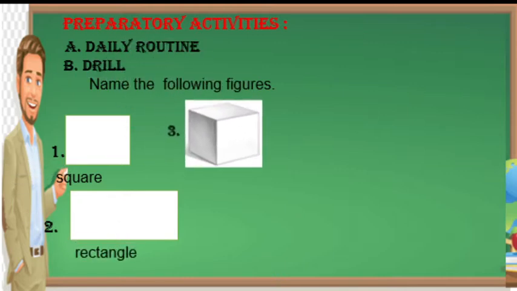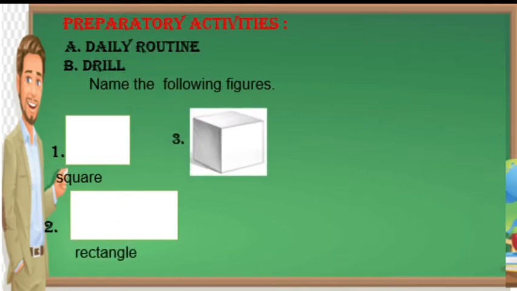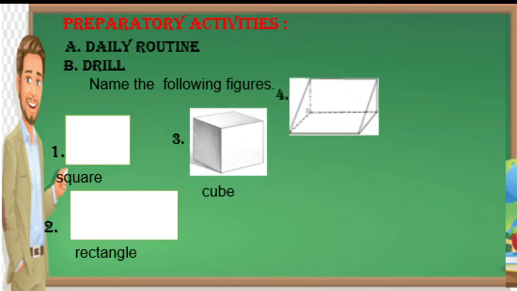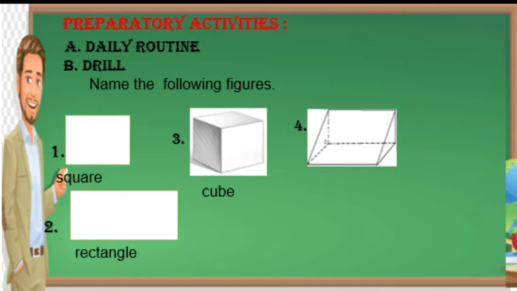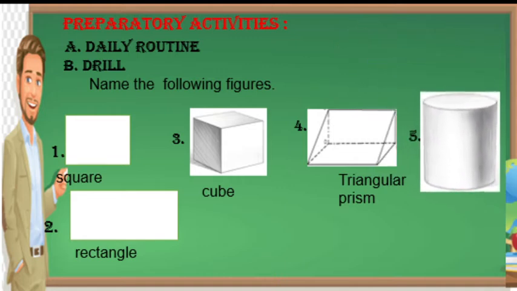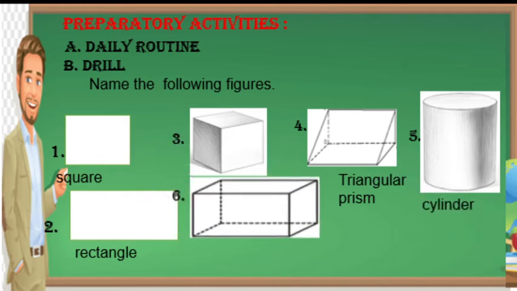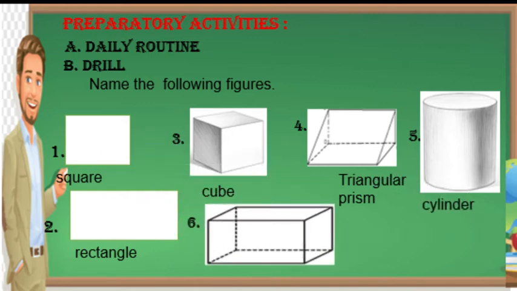This one is a cube. This one is a triangular prism. And this is a cylinder. And the last one is a rectangular prism.